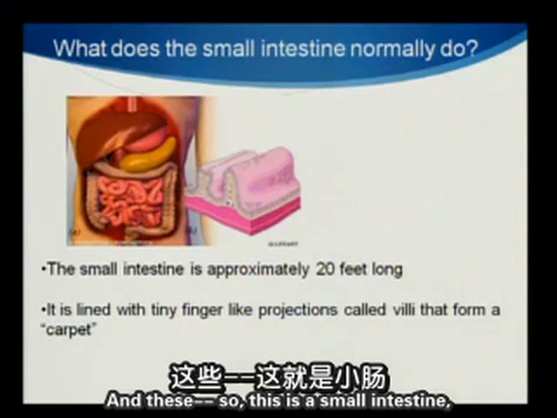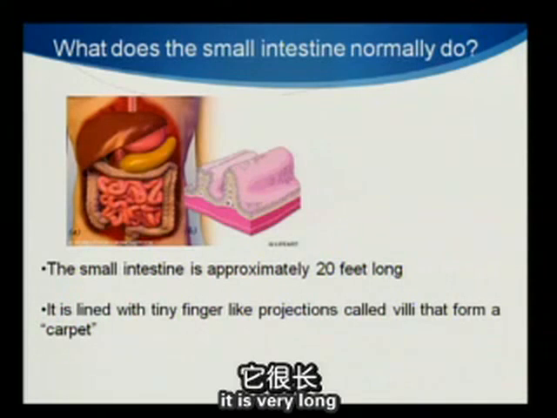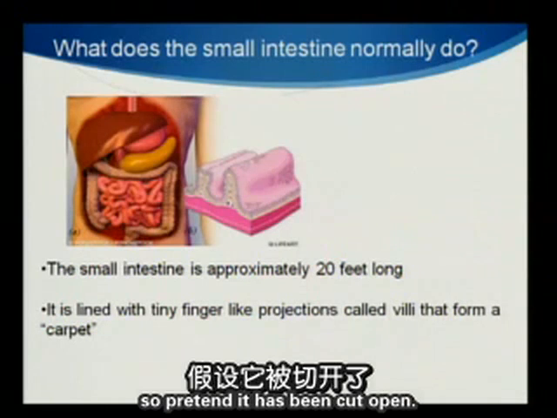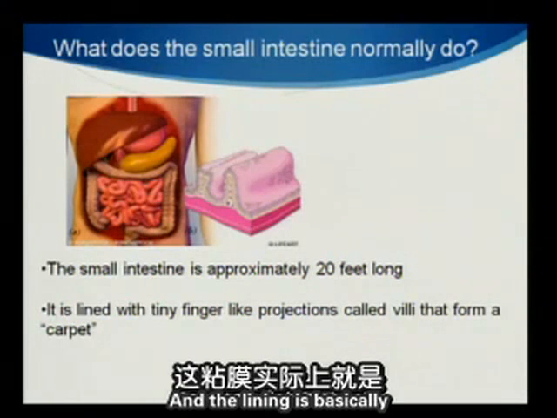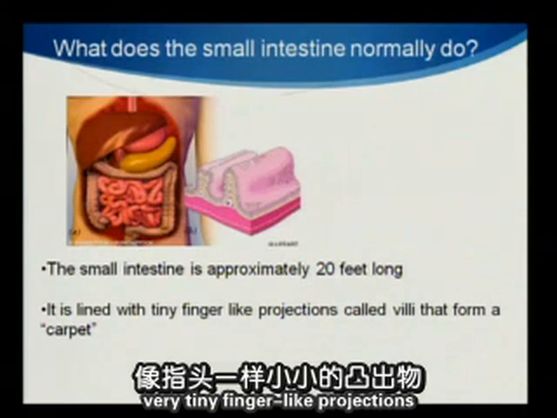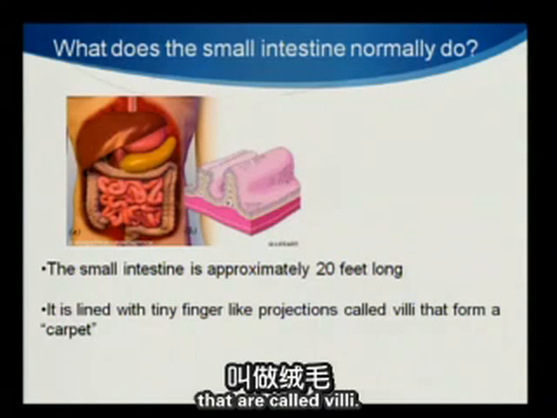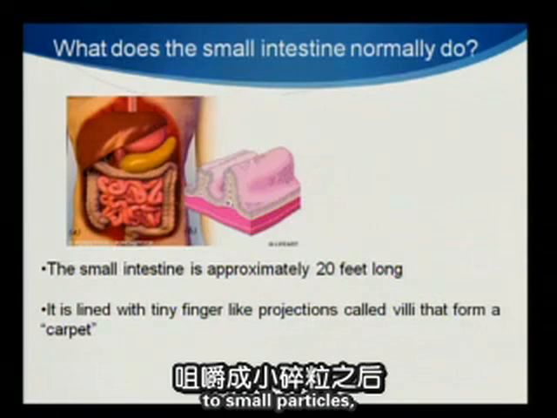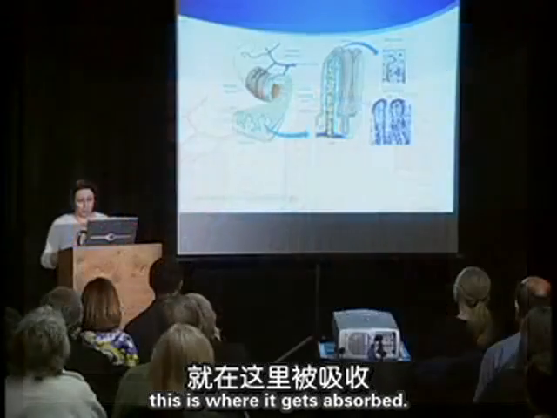So pretend it's been cut open, and the lining is basically very tiny finger-like projections called villi. After we ingest food and it gets chewed to small particles, this is where it gets absorbed.